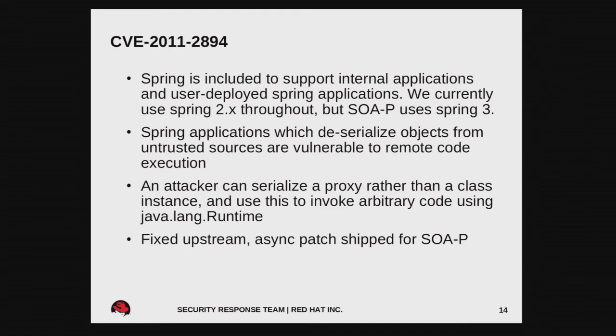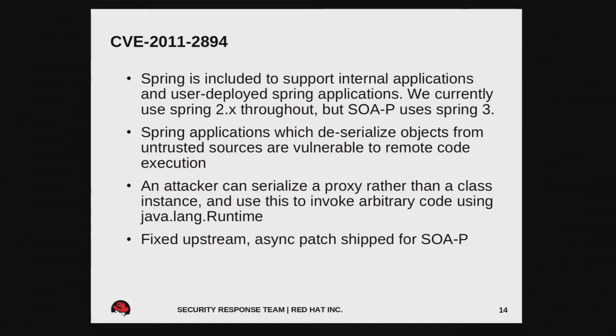The idea is that you have this serialized representation of an object, and it's meant to be deserialized. But rather than serializing a particular class, an attacker could serialize something that implements a proxy to a class. Then when it gets deserialized, the proxy would be called. So you could use this to invoke java.lang.Runtime using getClass, and off you go. You can execute arbitrary code.